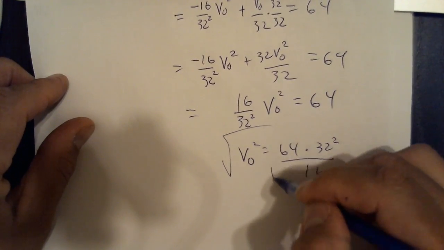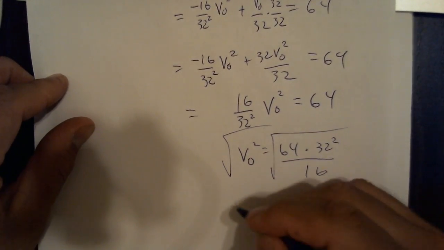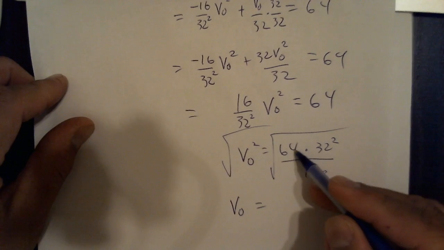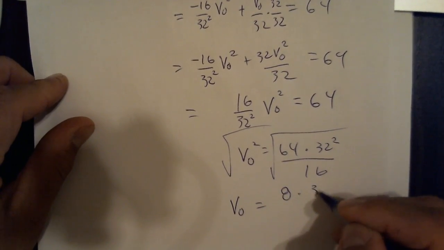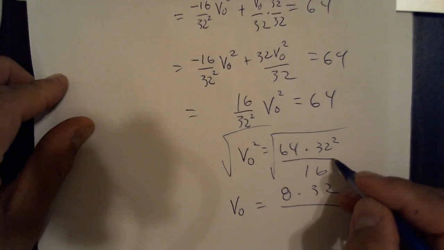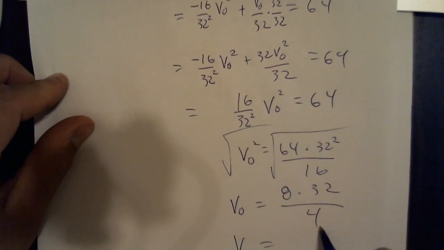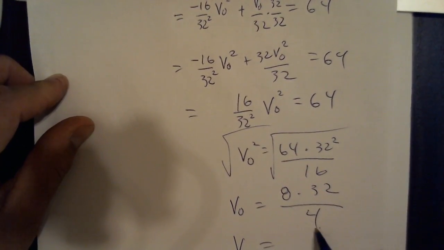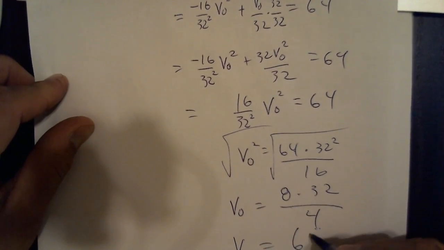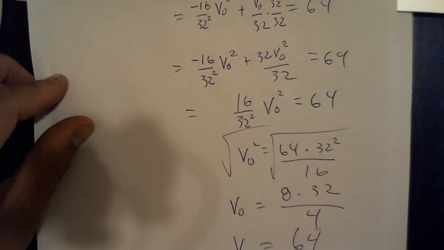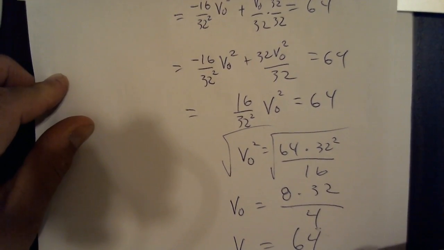Solving for v0 and then taking the square root, and I only need the positive one, we'll get 8 times 32 over 4. So 8 divided by 4 is 2, times 32 is 64. What are the units? Feet per second.